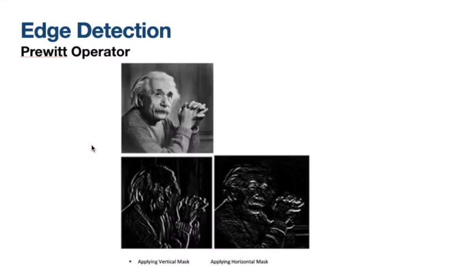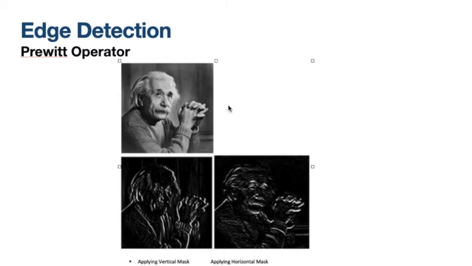I think I have an example image. Okay, so this is the original image. This is after applying the vertical mask on this image, all the vertical edges are visible here.